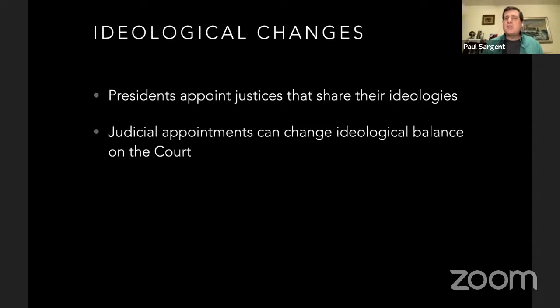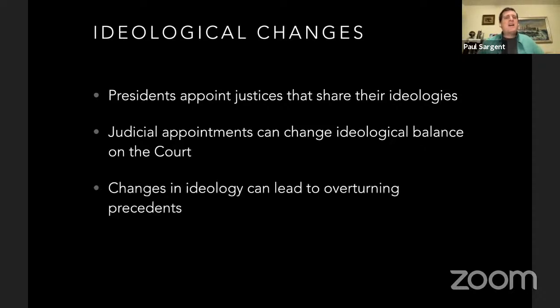Now, that really changes the way things go down, because as you have a change in ideology, and keep in mind, before Trump, this was not a conservative leaning court, the changes in ideology can lead to overturning precedents.